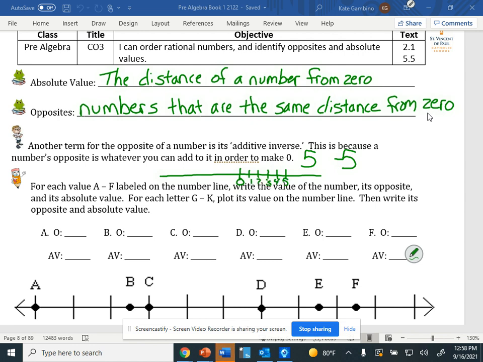We know positive numbers you add to the right. Negative numbers you add going to the left. So it gets us right back to 0. So the opposite brings you to the 0. Is that making sense?